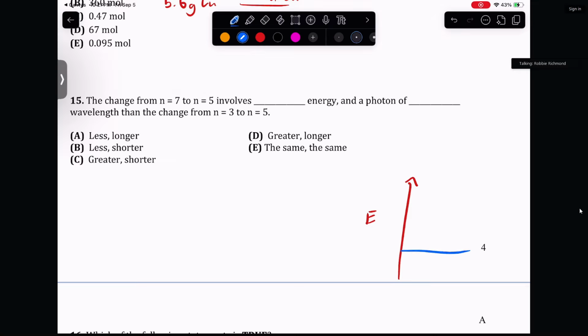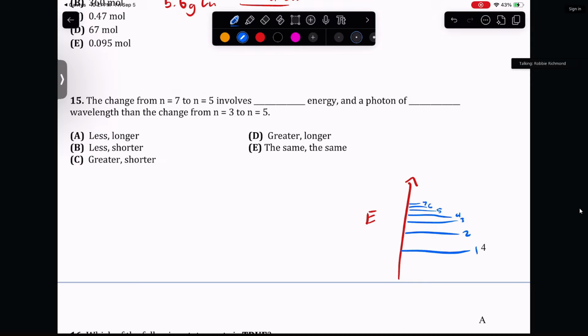The very big thing you need to know here is the change between each jump in principal quantum number gets smaller. So this is 1, 2, 3, 4, 5, 6, and 7. You realize the gap between 1 and 2 is a much larger change in energy than 7 and 6.